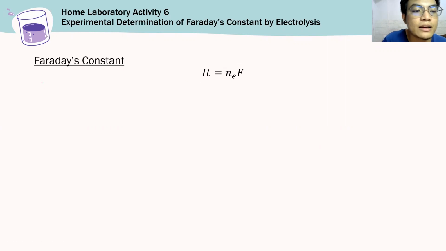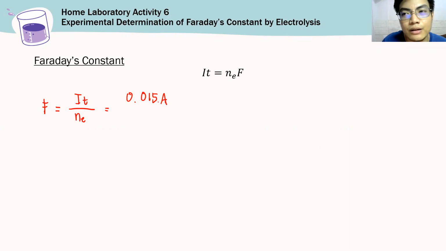So to solve for the Faraday's constant, that's pretty straightforward. That will be IT over NE. So remember the current, as I mentioned, it is fixed. So in your calculation, please note that the current is 0.015 amperes.